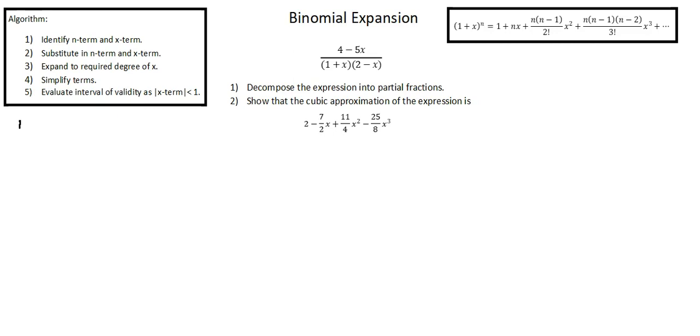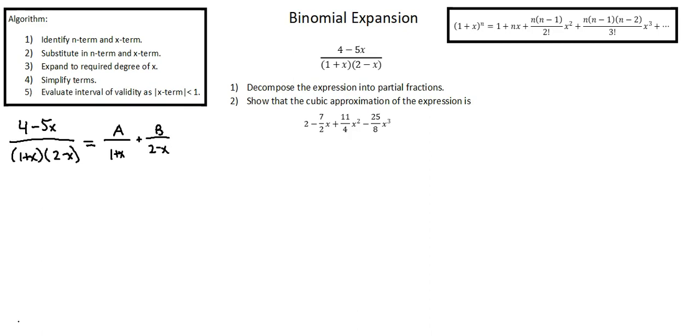So what I'm going to do is split (4 minus 5x) over (1 plus x) times (2 minus x) into two fractions. First, numerator A over 1 plus x, plus numerator B over 2 minus x.